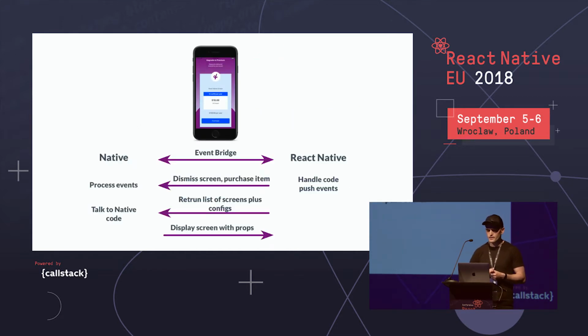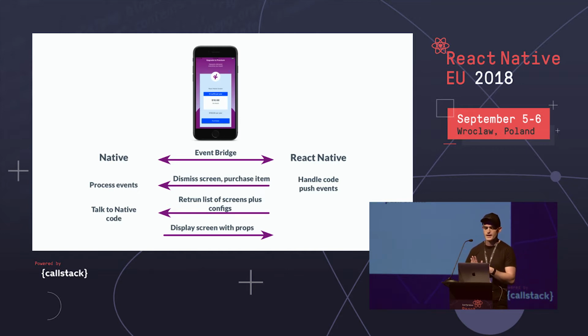The native side and React Native communicate through the event bridge that's being wrapped with this third-party library. The native side, in this particular example, is a view controller, and it has some code for processing events and routing them to the appropriate subsystems in the native application.